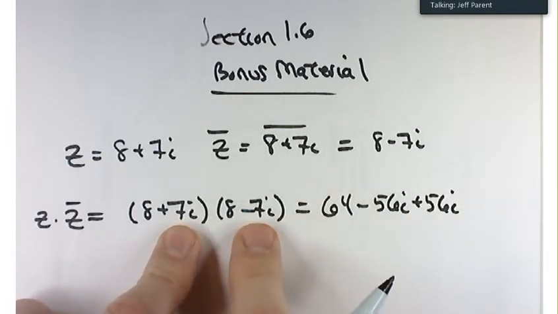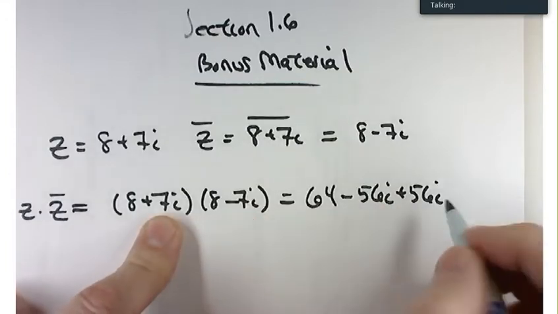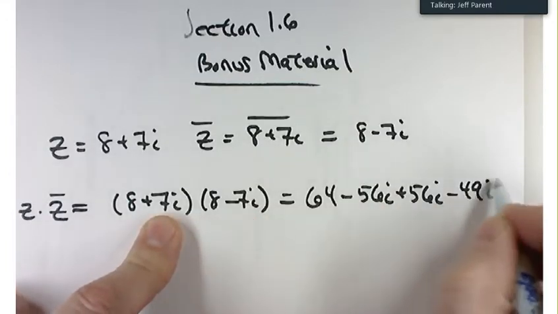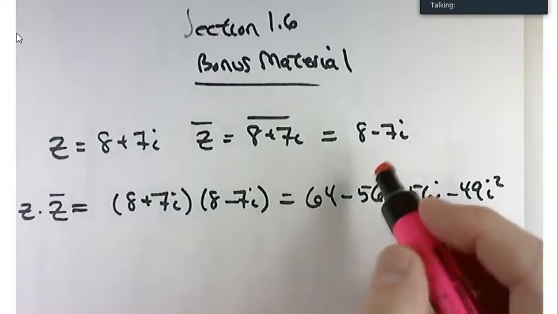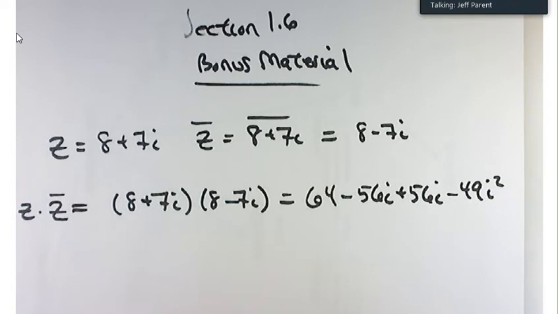And finally, what's the last term going to give me? Minus 49i squared. I'm glad to hear that you both gave me i squared, because without that i squared, you're going to get this one wrong. The nice thing for us here is that we're going to get some cancellation.